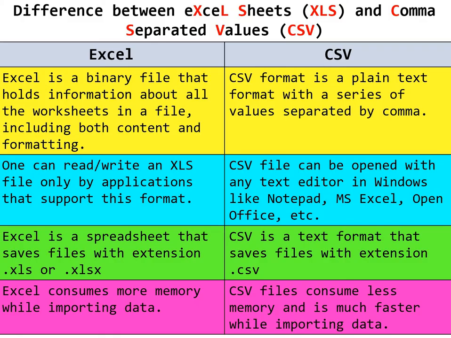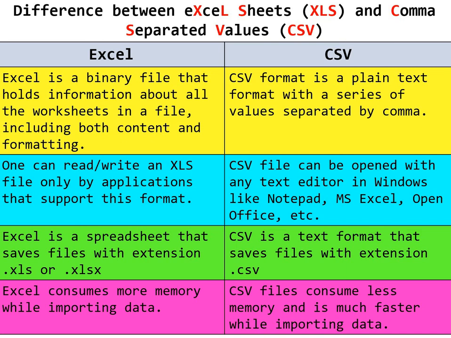Difference between Excel sheets, that is XLS format, and comma separated values, CSV format. Excel is a binary file that holds information about all the worksheets in a file, including both content and formatting.